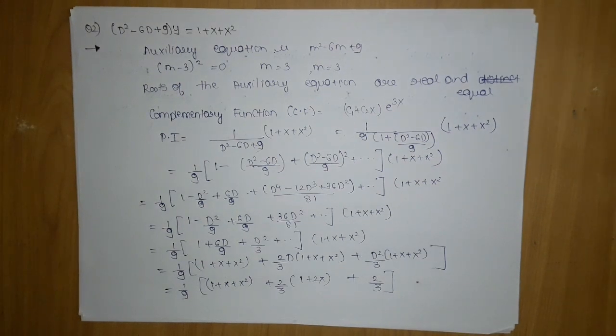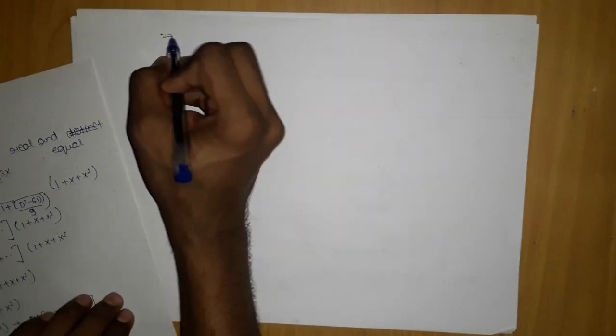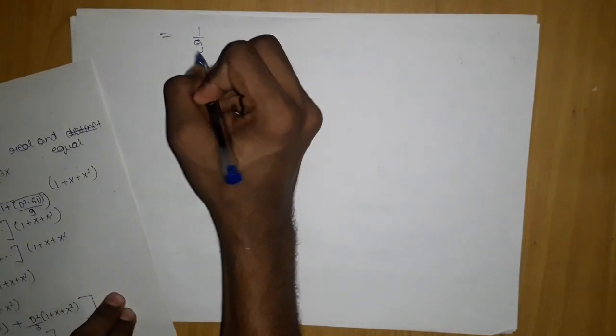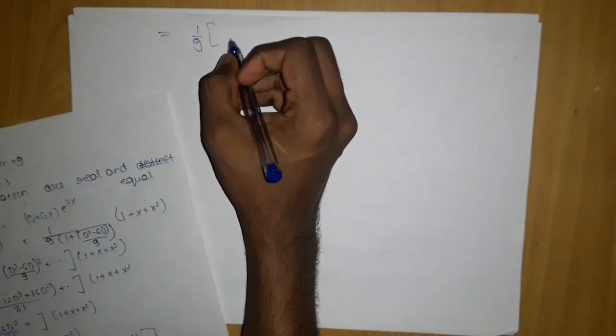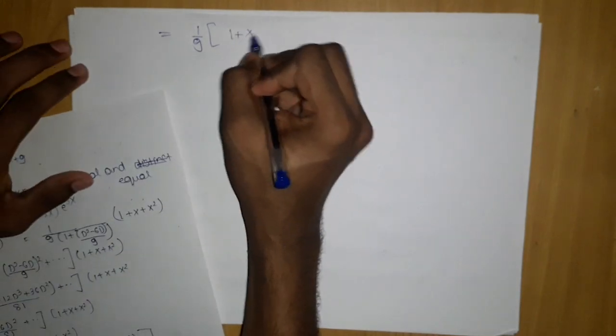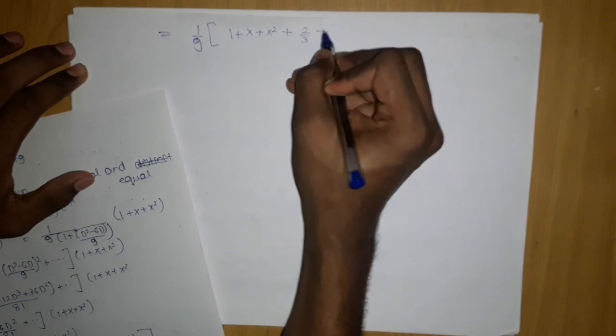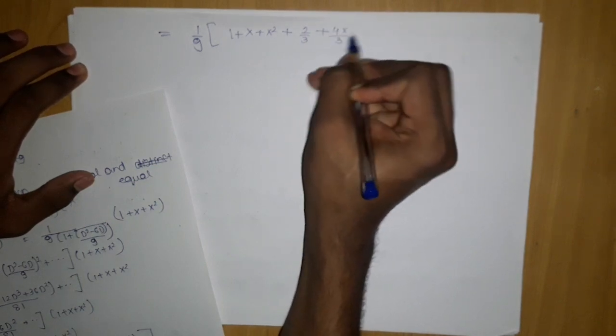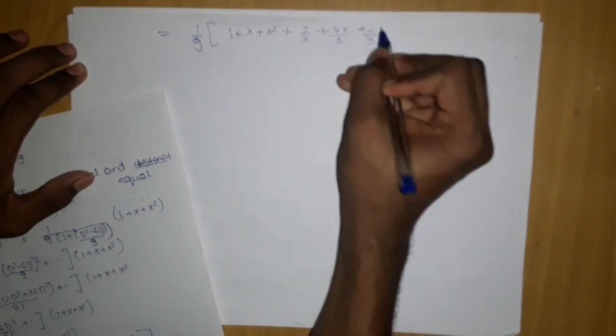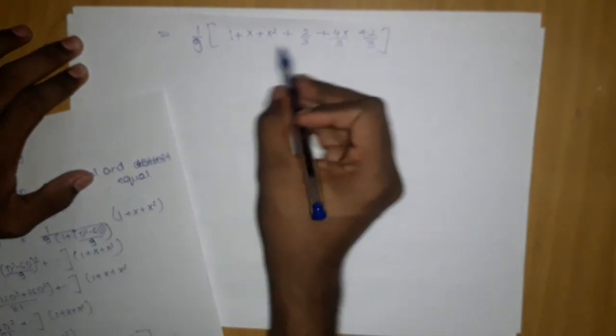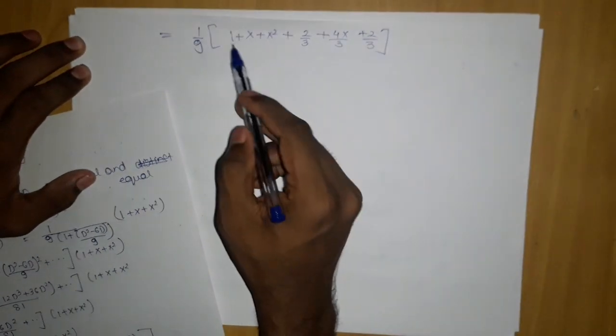Now our target will be to collect the similar terms and get the particular integral. If we collect the similar terms, 1 by 9 will be as it is. It will be what? First 1 by x square plus 2 by 3 plus 4x by 3 plus 2 by 3. This will add on with this, and this will add on with this.